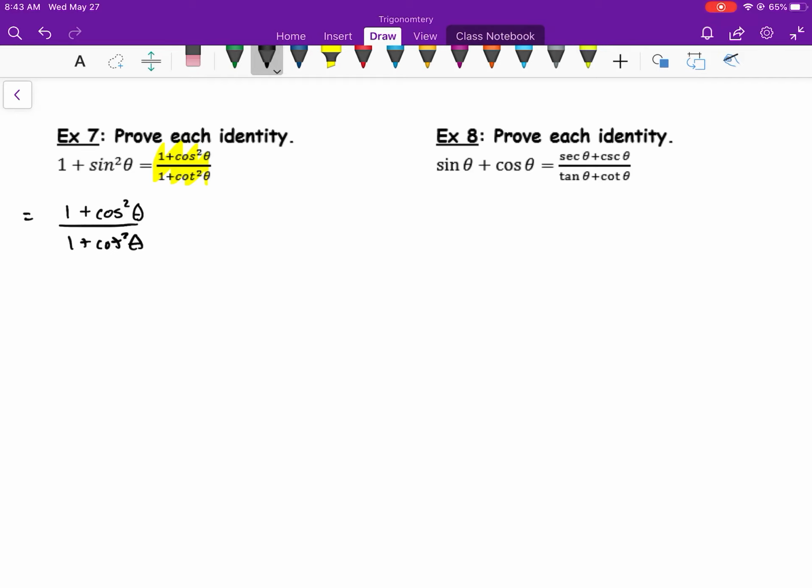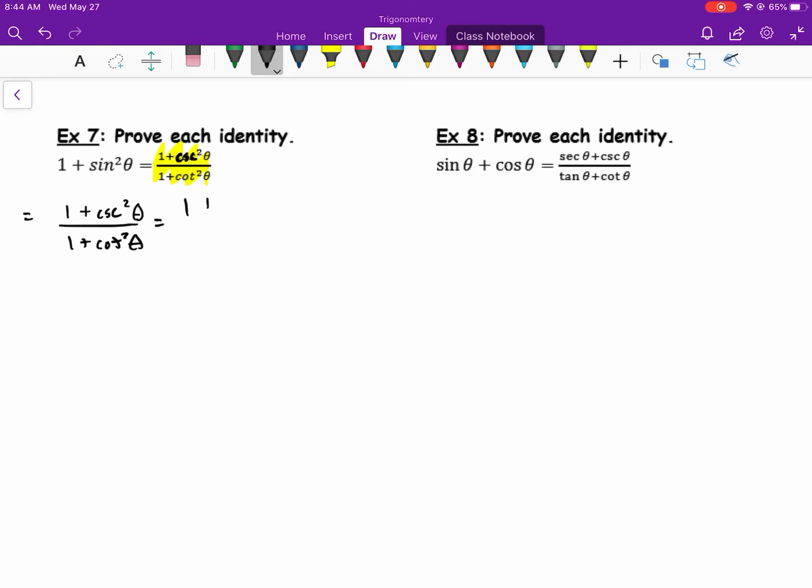Looks like I copied it wrong. I'll look at my notes. This should be cosecant, not cosine. It's cosecant. Sorry. Sorry, took me a second. Gotta breeze through those notes there.